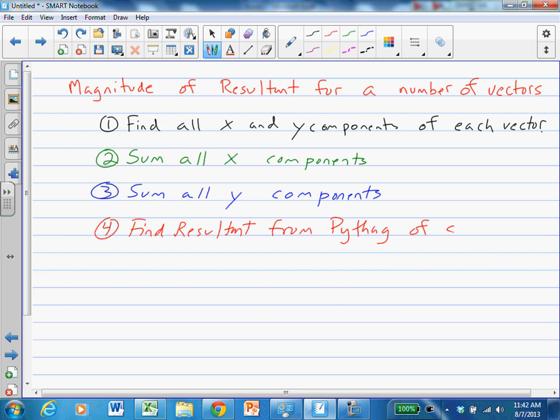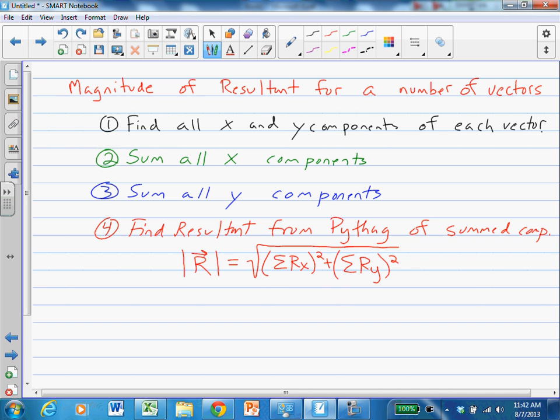So the magnitude of the resultant equals the square root of the sum of the x components squared plus the sum of the y components squared.